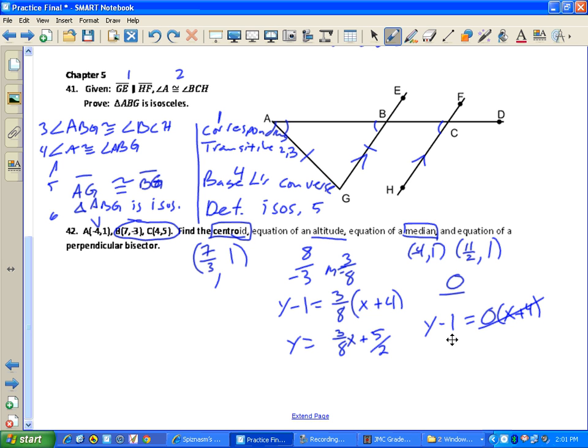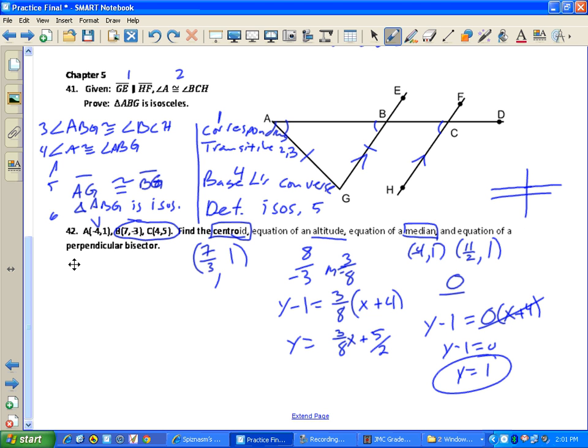This goes to 0. So y minus 1 equals 0. Add the 1 over. Okay, so it turns out my median here is a horizontal line at 1. So the value of 1. So that would look like this on a graph. This would be a median. Okay, now that's one median. There are 2 other choices. Okay, and they'll turn out to be something different.